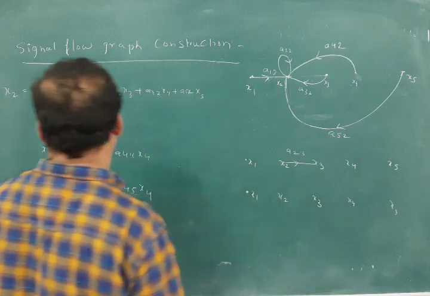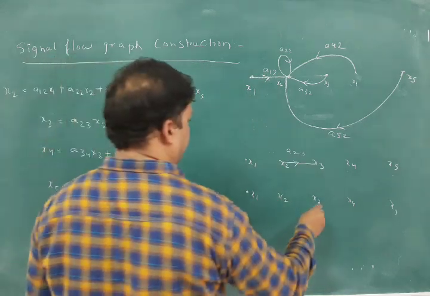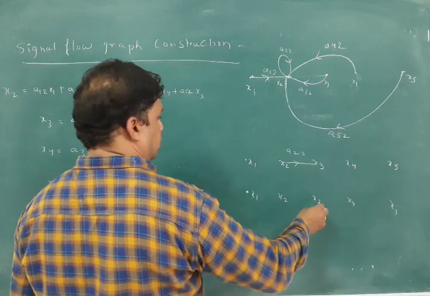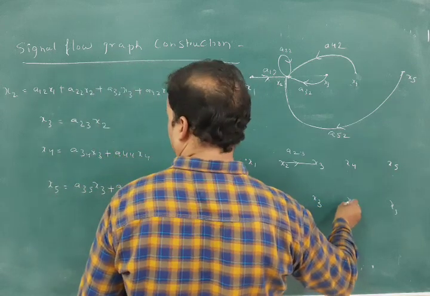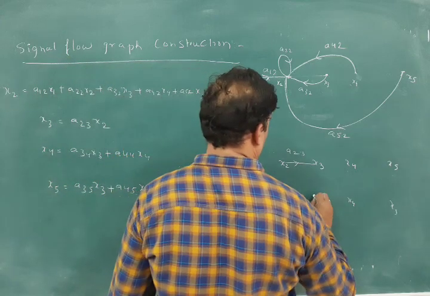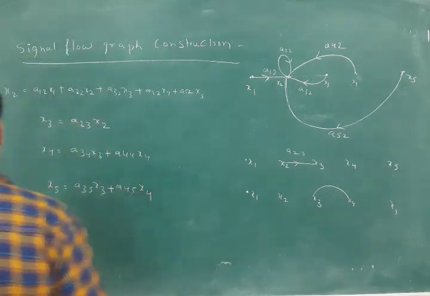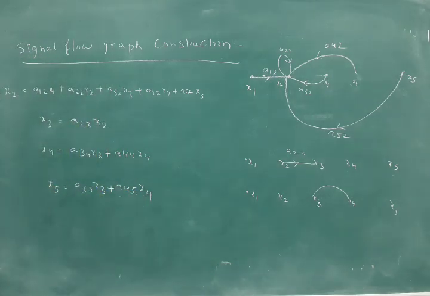So this signal, A34 X3, means it is A34. You can write A34 like this. Okay, we can write A34 in that way, and A34 X3 plus A44 X4.